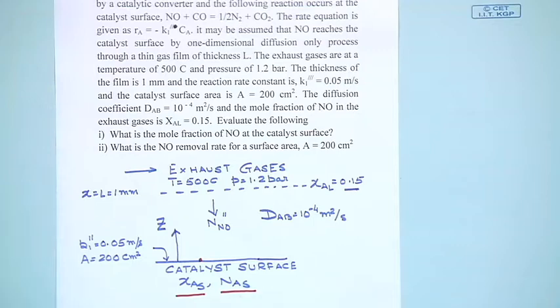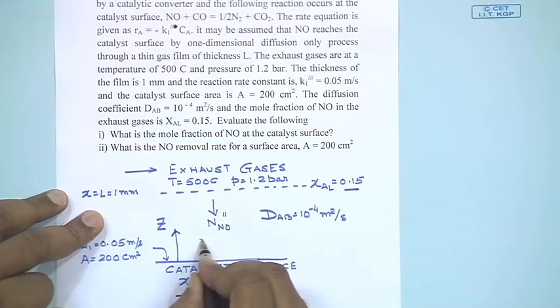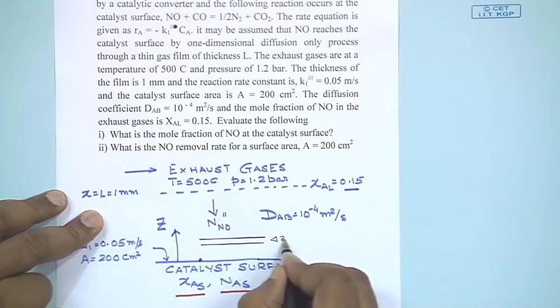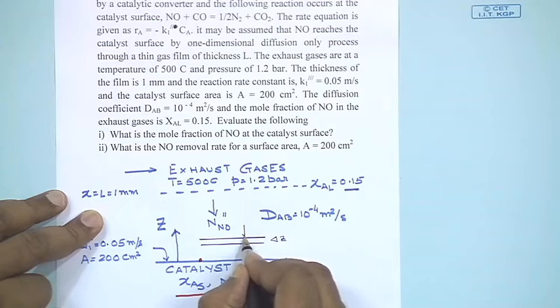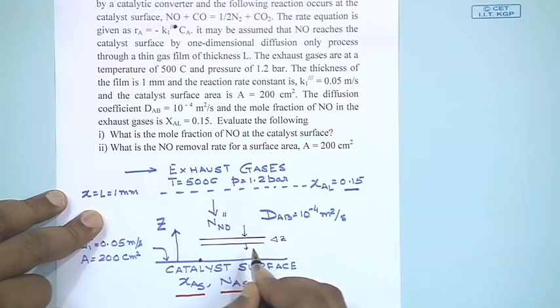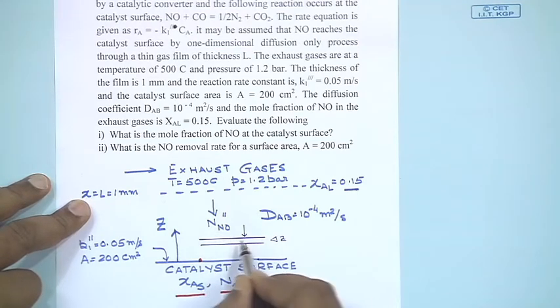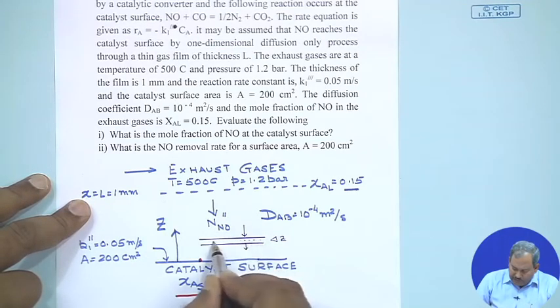What we need to do is assume a shell of some thickness delta z, and we know that the flux is coming in and some flux is going out. This is the flux of NO, and no reaction is taking place in this shell. All the reactions are taking place on the catalyst surface.